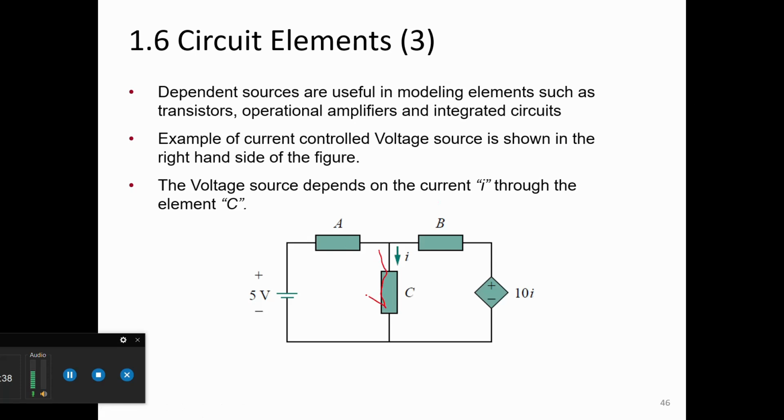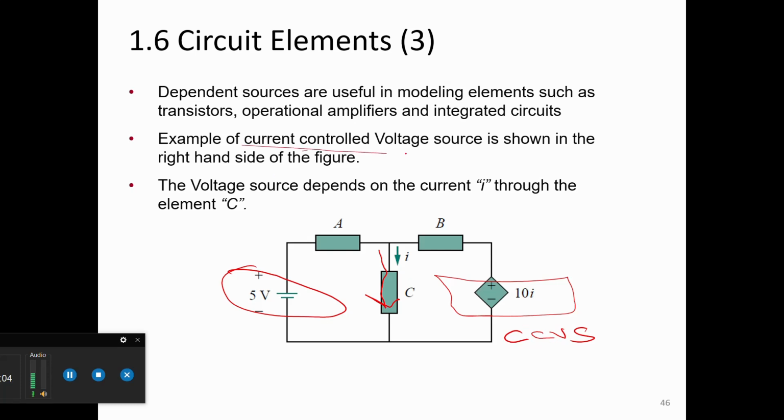So this I current is controlling this voltage source. So this is a current controlled voltage source. This is an independent voltage source, and this is a current controlled voltage source.